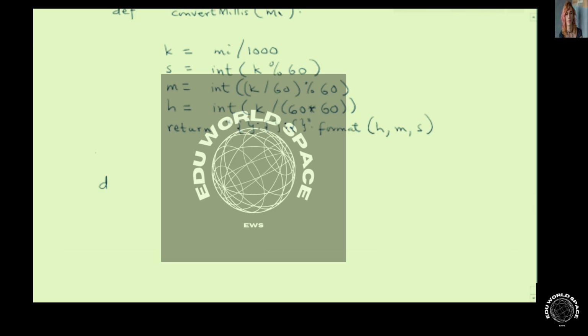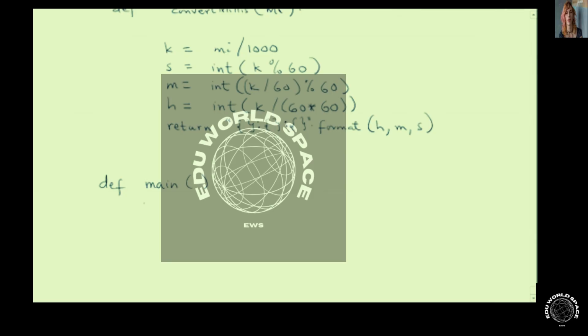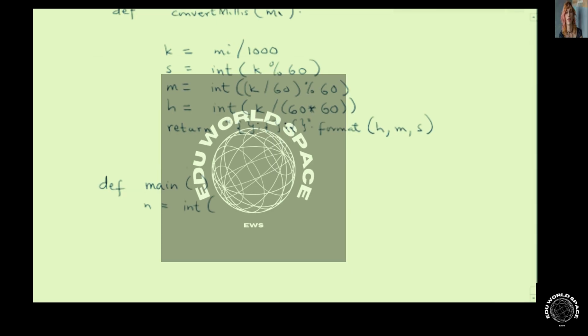Now let's define a main method in order to test whatever we have done. So here, the user inputs, but we convert it to integer first.